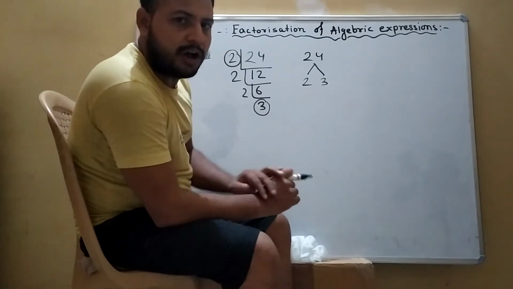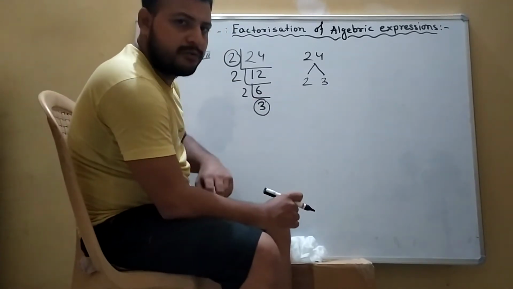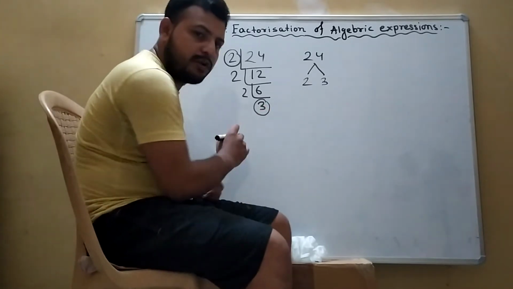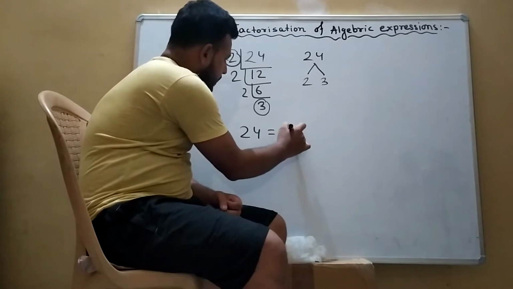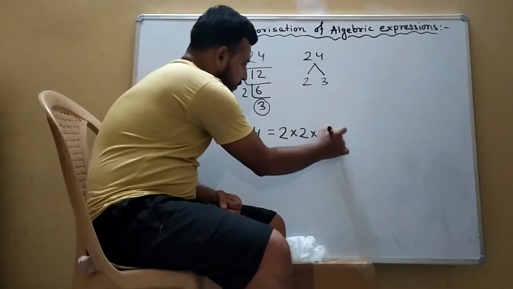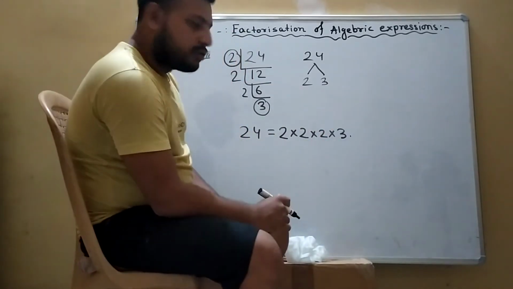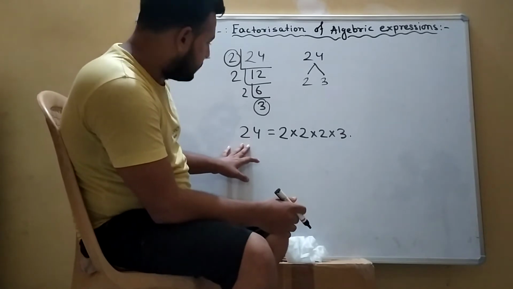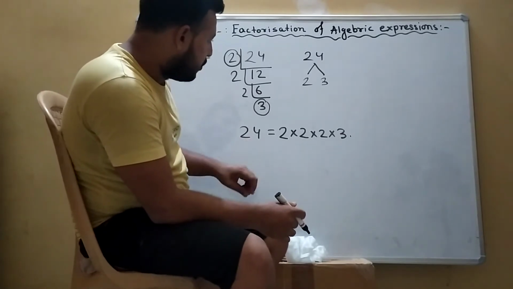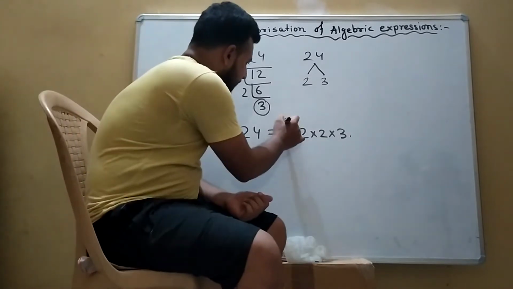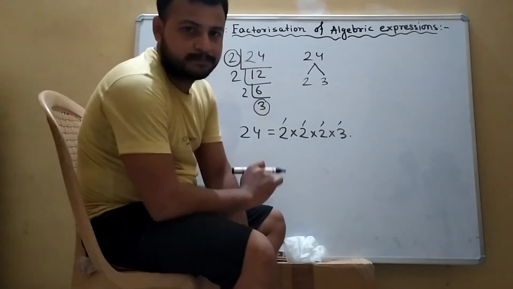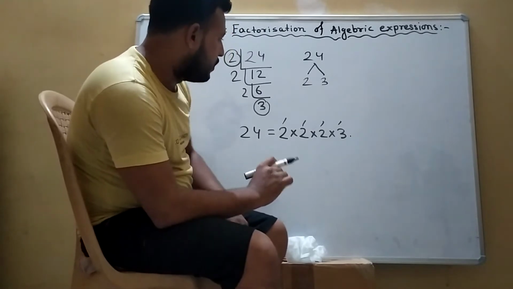But if you want to factorize 24 fully, you have to write it in this form: 24 equals 2 into 2 into 2 into 3. So here 24 is factorized into a few numbers. These are the factors of 24.